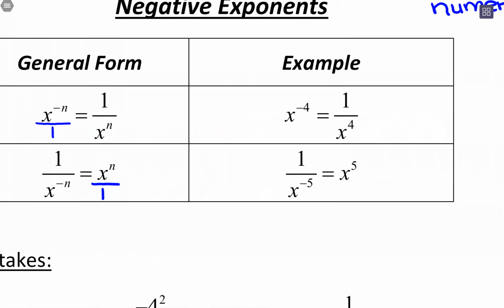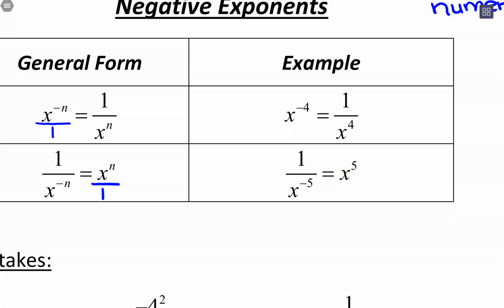For example, x to the negative 4 equals 1 over x to the positive 4. It moves to the denominator, the base stays the same, the exponent practically stays the same, it just switches from negative to positive. If we have 1 divided by x to the negative 5th power, it moves to the numerator, and we have our base of x with a positive exponent of 5.